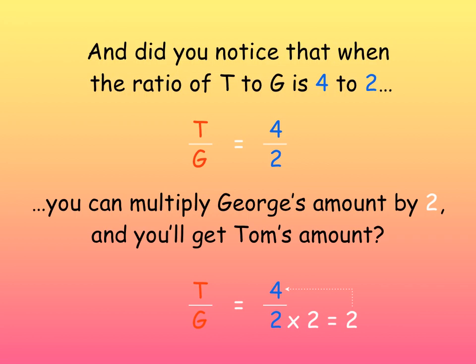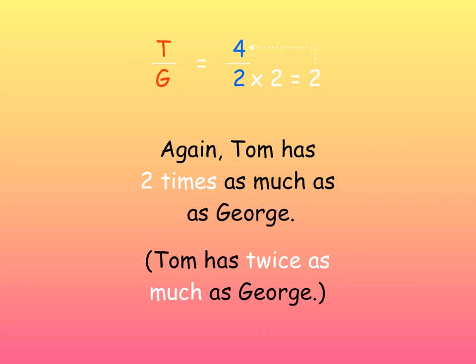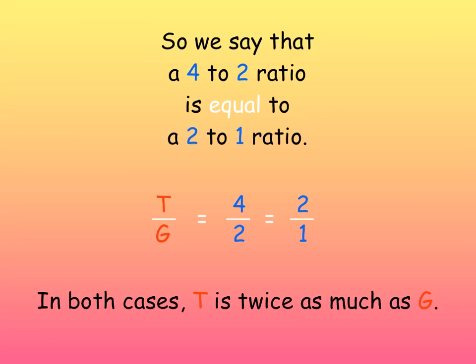And did you notice that when the ratio of T to G is 4 to 2, you can multiply George's amount by 2, and you'll get Tom's amount? Again, Tom has 2 times as much as George. Tom has twice as much as George. So we say that a 4 to 2 ratio is equal to a 2 to 1 ratio.